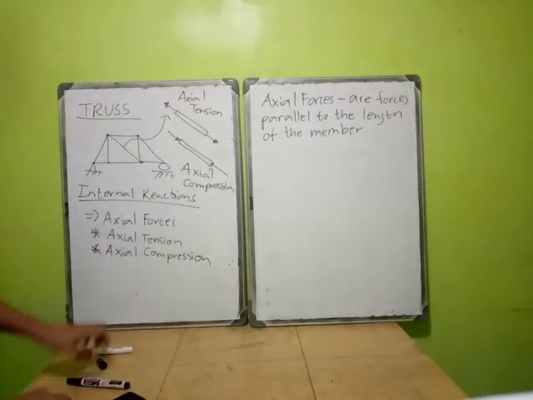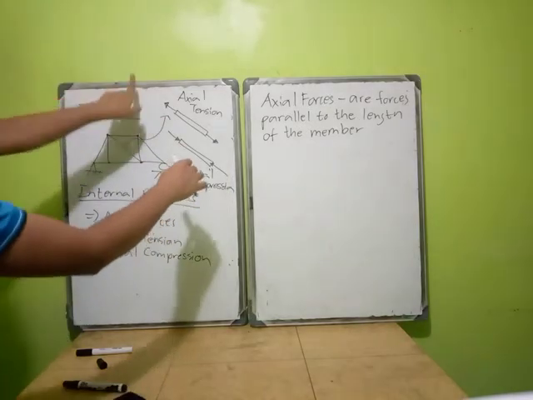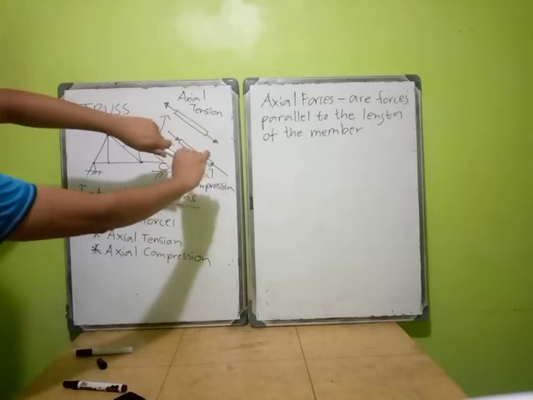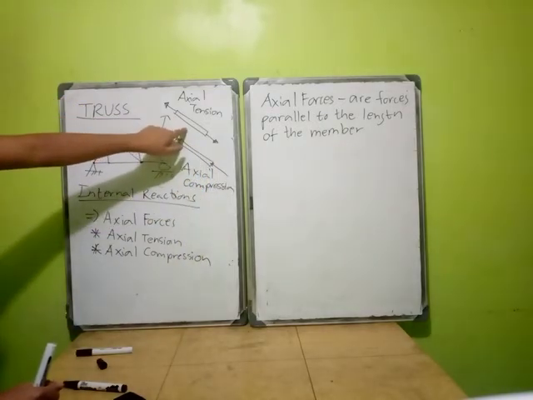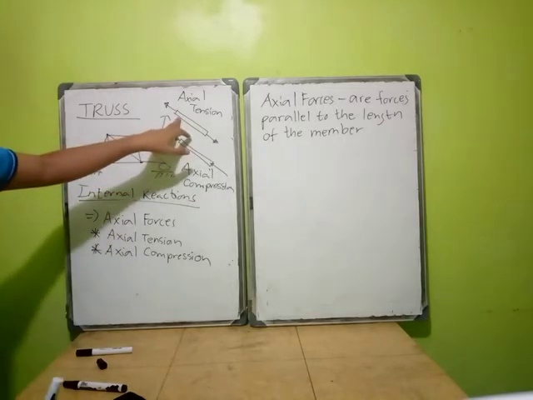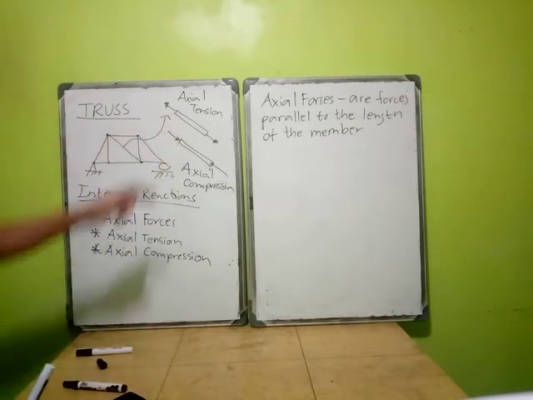Okay, parang hinahaba. In both the opposite directions, para siyang binibinat mo siya. Axial tension usually is an attempt to increase the length of the member.